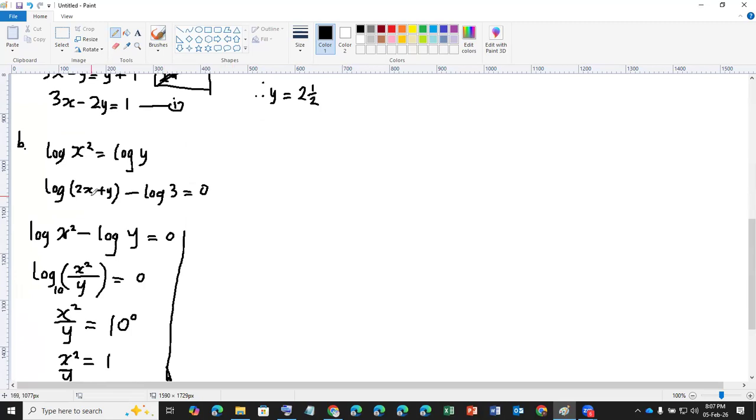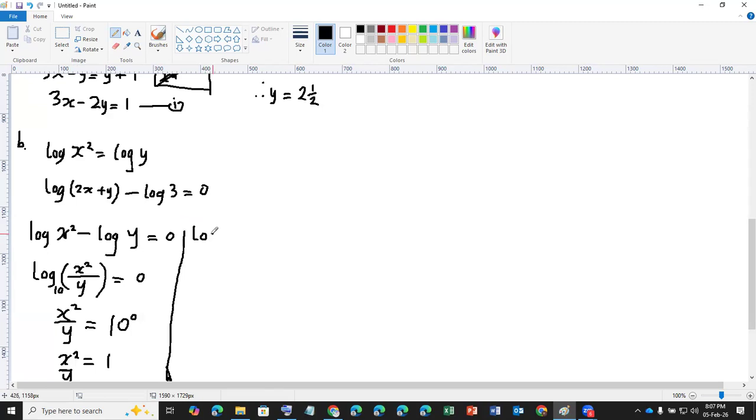So here we go. Again, whenever you see minus between two logs and they are of the same base, like in this case, it is 10, then we can translate it to division. So again, the one on the left hand side is the numerator, and the one on the right hand side is the denominator.